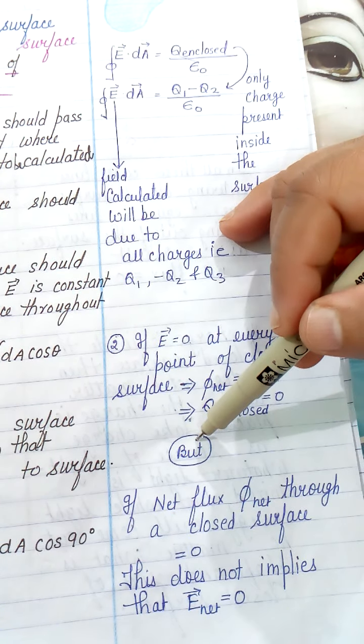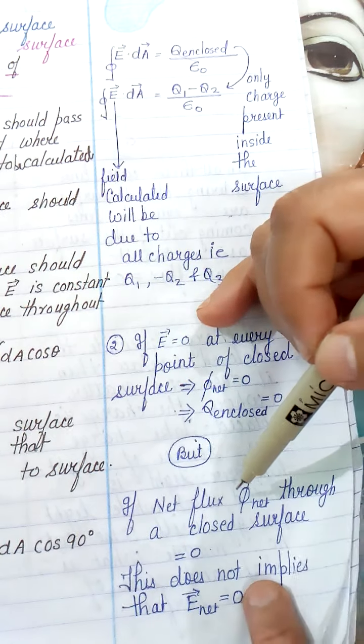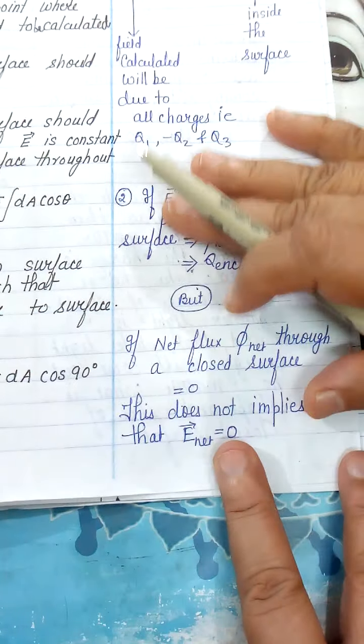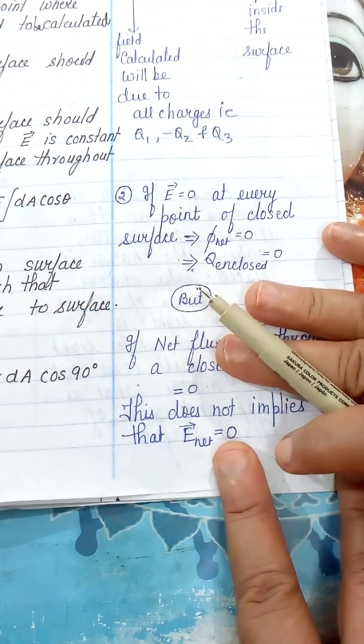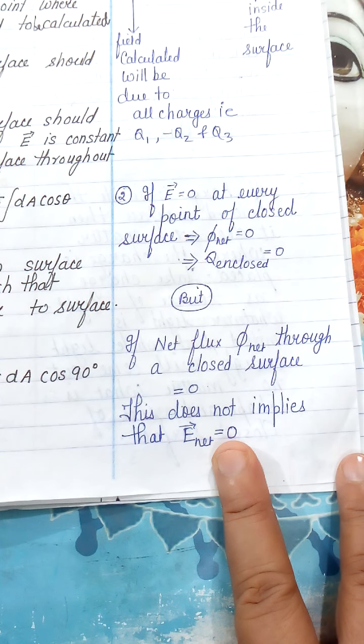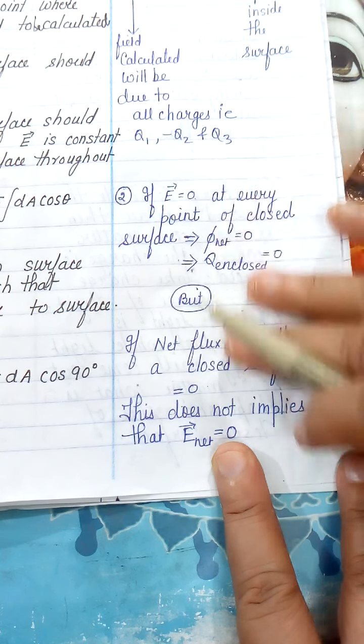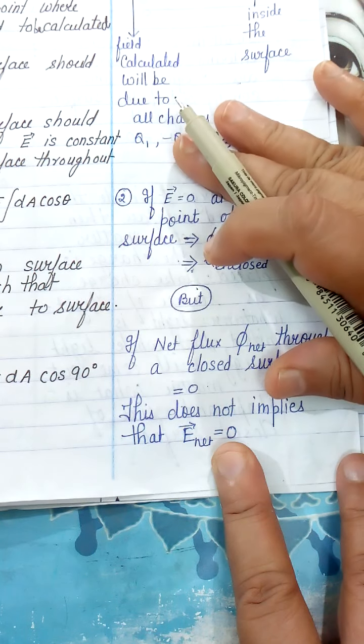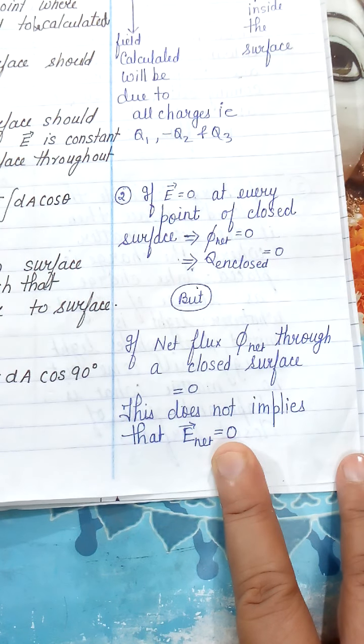But if the net flux through a closed surface is 0, see how I changed the statement. This statement is very important for entrance exams, mains and NEET. They ask you this question in objective questions using the concept, and sometimes directly they will ask you the same thing. If the electric field is 0, that certainly means the electric flux is 0 and the charge enclosed is 0.